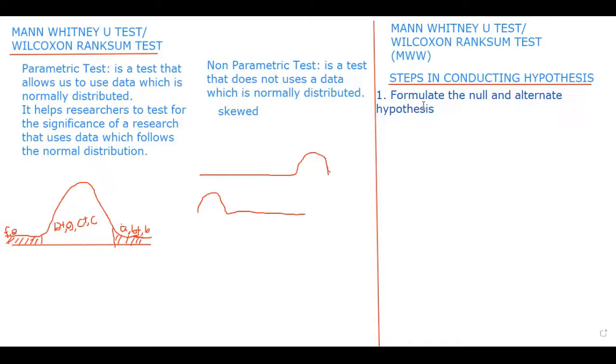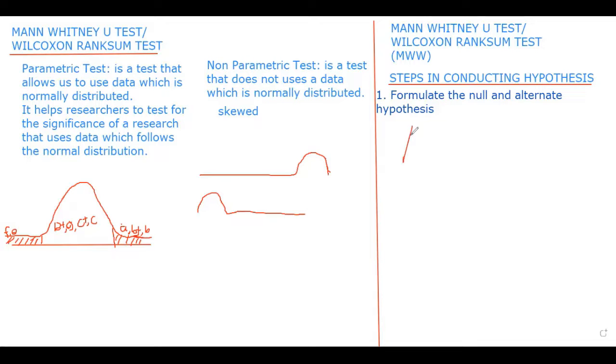So the null is represented by H0, alternative is what? HA. Now we are saying that this Mann-Whitney or Wilcoxon Ranksum test is a non-parametric test. It uses skewed curve. We are saying that it does not use mu. You get it? So the mean is the English word, as you already know. The mu, then we present it with this sign.